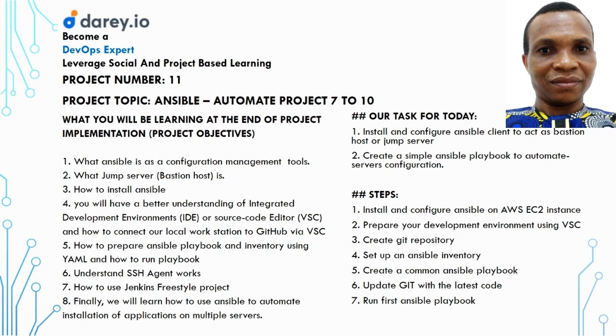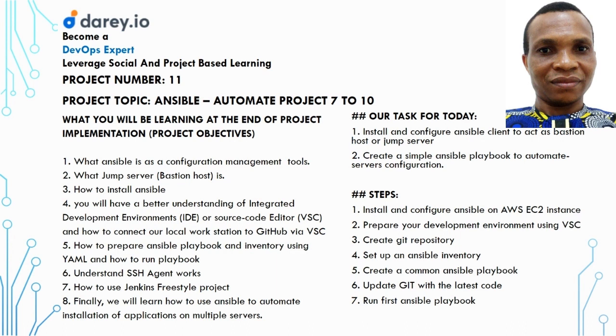That is another way we can say project objectives. We will know what Ansible is as a configuration management tool, what a Jump server or Bastion host is, and how to install Ansible. We will have a better understanding of integrated development environments, that is IDE or source code editor, an example being VS Code, and how to connect our local workstation to Git via VSC.